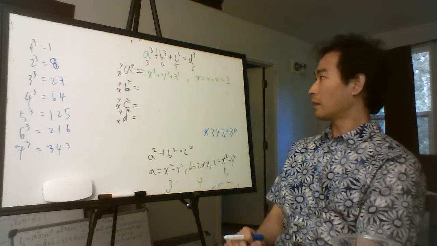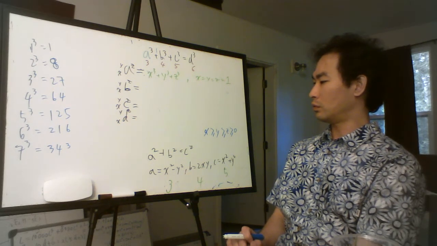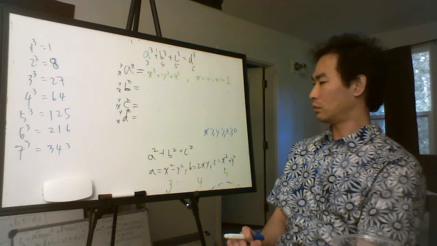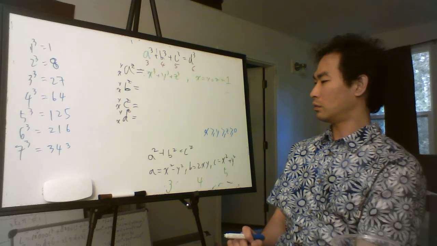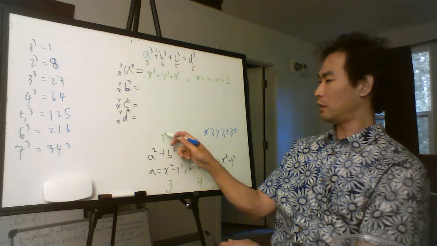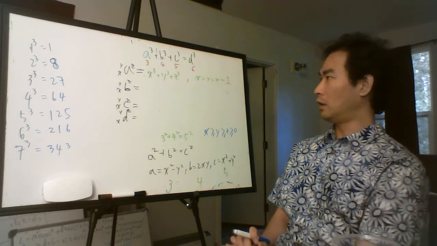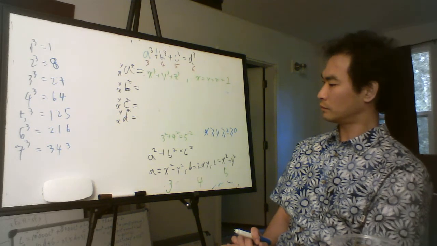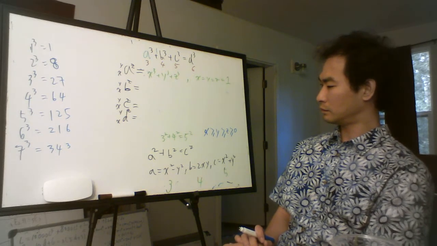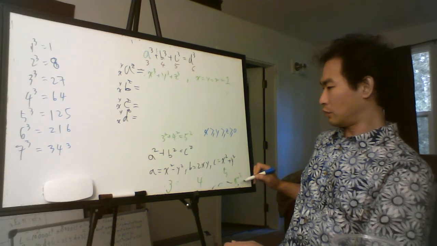And then you have 3 squared plus 4 squared is equal to 5 squared, right? X is equal to 2, y is equal to 1.